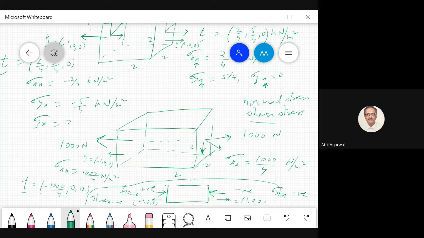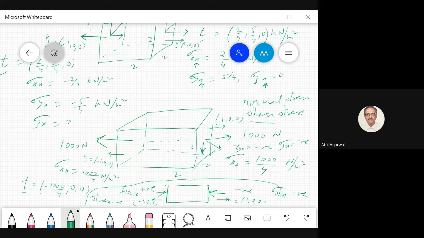Now you see this component, it is in the negative y direction, while area normal is positive. So this shear stress will also be negative. This is called tau yx, or you can even call it sigma yx. It is negative because area normal is positive and force component is negative.